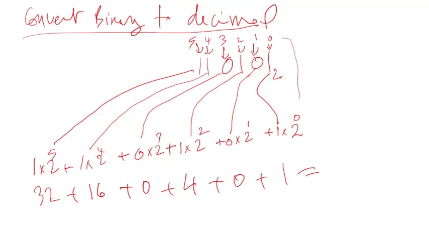So 32 plus 16, that's 48, plus 4 is 52, plus 1 is 53 base 10. So that's one way to come up with this calculation.